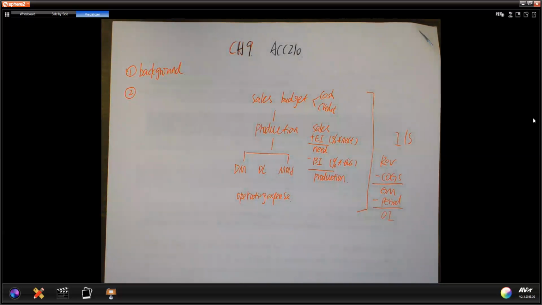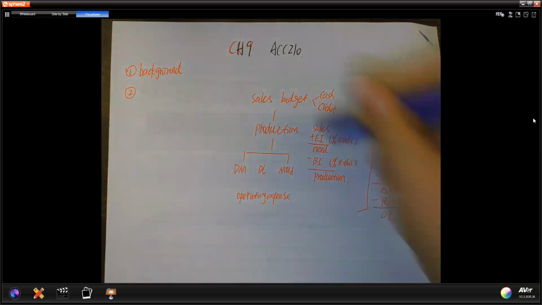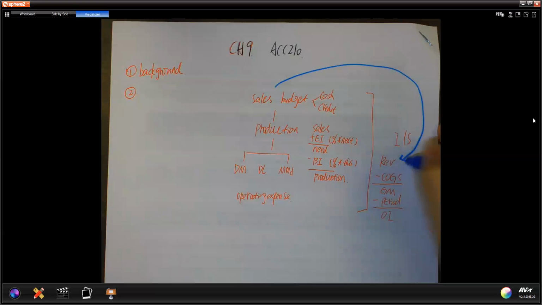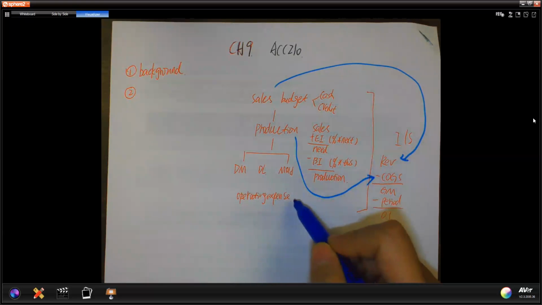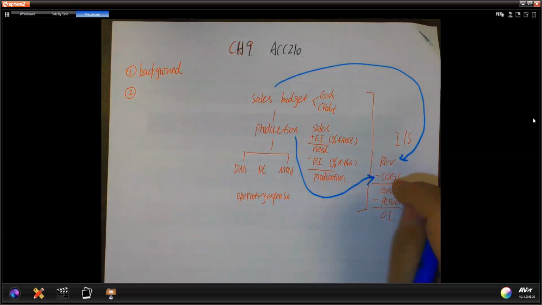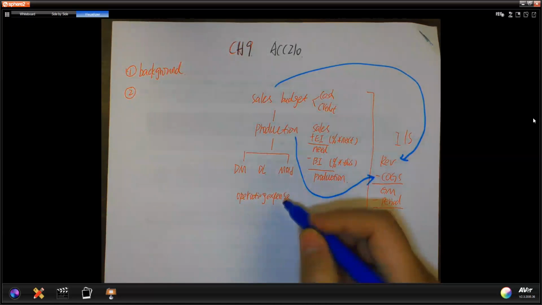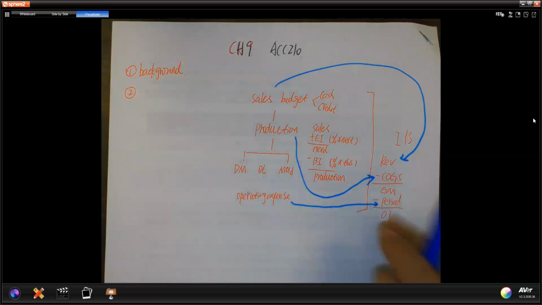The revenue is from your sales budget, cost of goods sold is from your production, and period cost is from your operating expense. You get your budgeted operating income. So this is called the operating budget. It generates the income statement.